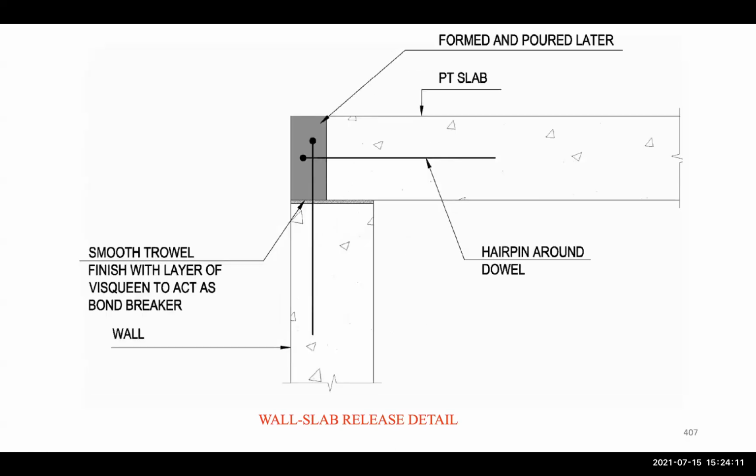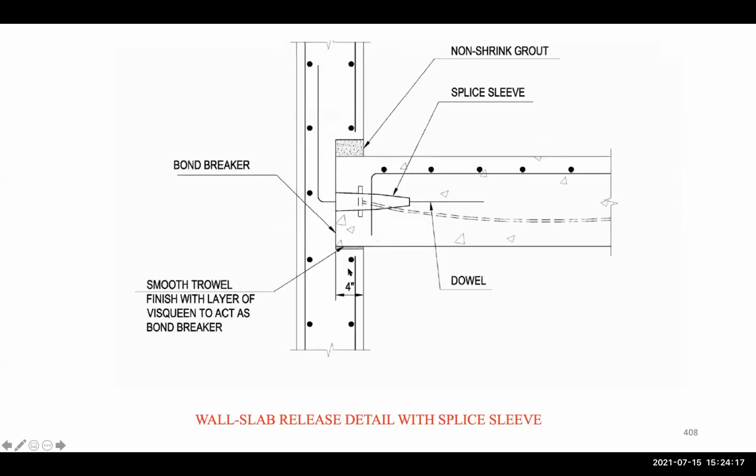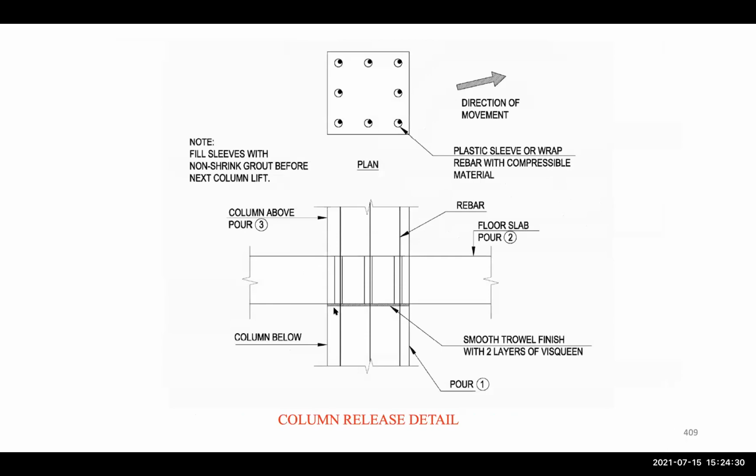We have other examples for this that are shown here, and then we have another example that is shown here between the wall and the slab. And here we have non-shrink grout, and here we have that column release detail.